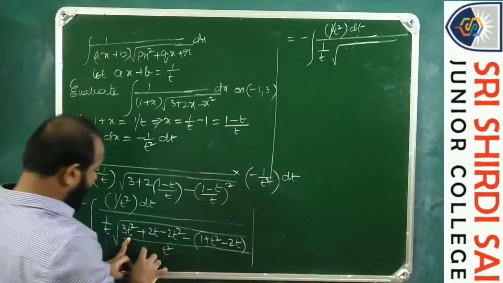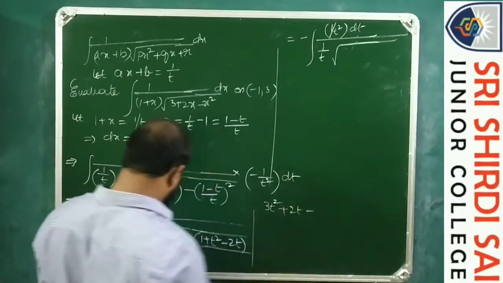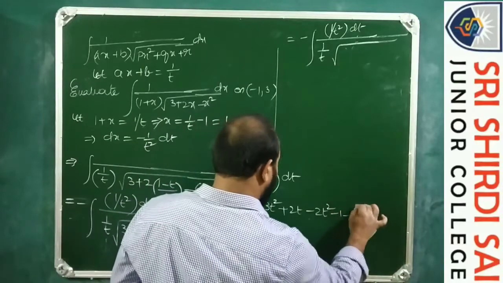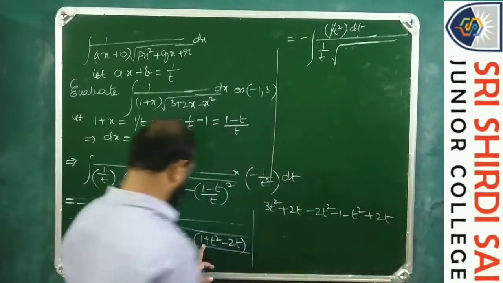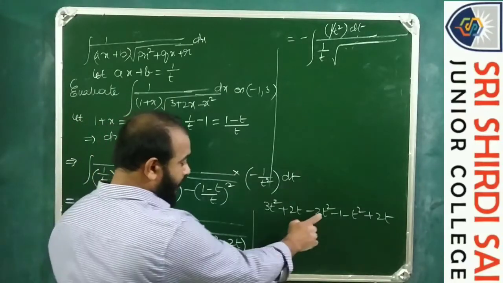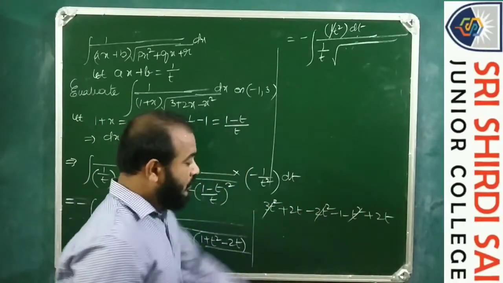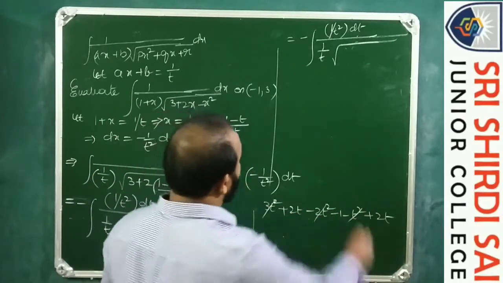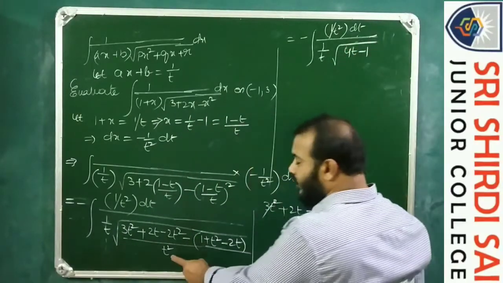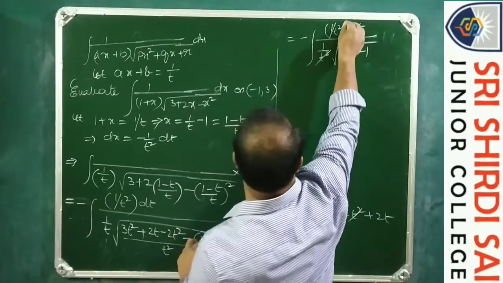If you simplify, 3t square plus 2t minus 2t square minus 1 minus t square plus 2t, with the minus multiplied inside. So minus 2t square minus t square is minus 3t square, plus 3t square gets cancelled. So 2t plus 2t is 4t, 4t minus 1, by root of t square, which is t. So t into t is t square, and the t square gets cancelled.